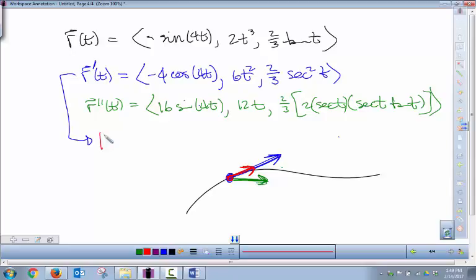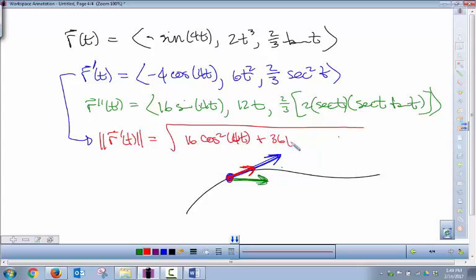So let's take our R prime and find its magnitude. So the magnitude is going to be the square root of 16 cosine squared 4t plus 36t to the fourth plus 4/9 secant to the fourth t.